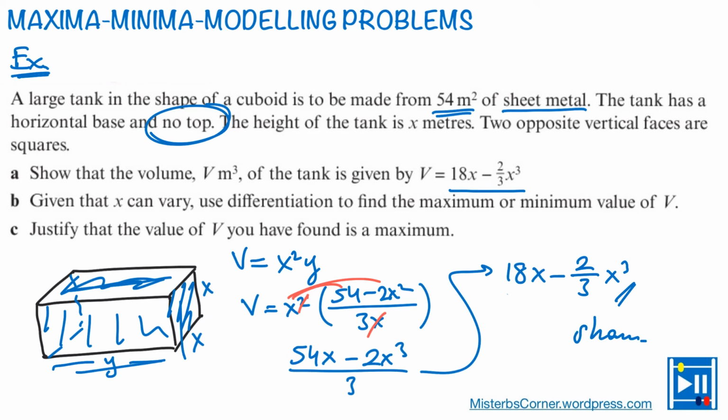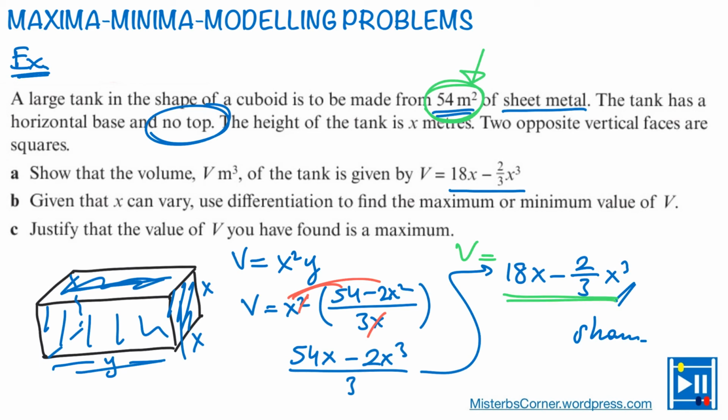Now in part B it says, given that x can vary, use differentiation to find the maximum and minimum value of V. Now the only thing that restricts us is the area. But once we are stuck with the area, the volume could be expressed with this equation, right?